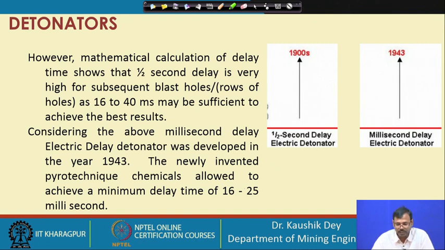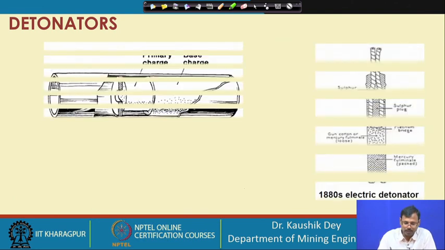In 1943 millisecond delay electric detonators were achieved, where pyrotechnic chemicals were used, whose column was able to give the delay time of 16 to 25 millisecond. So, from 1943 onward 16 to 25 millisecond delay detonators were able to be developed.